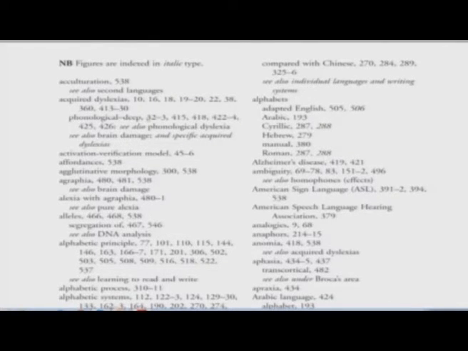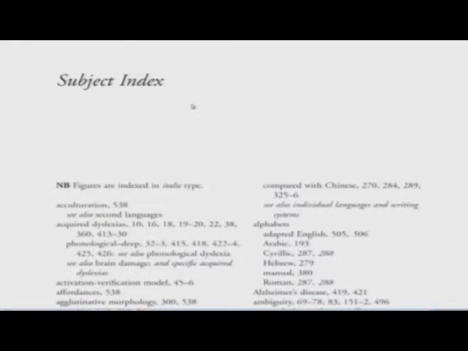For example, here is 32 and it runs across 33 also. So, in this way you can use a subject index page to find the specific information you are looking for.